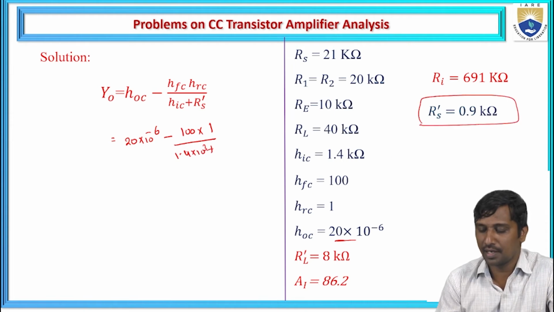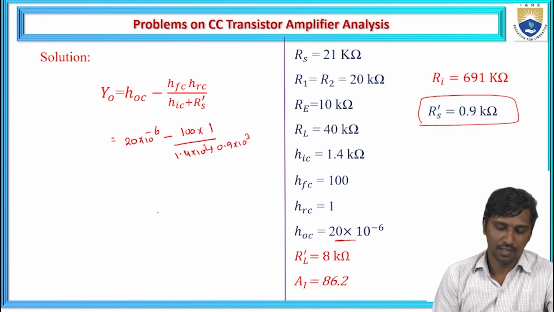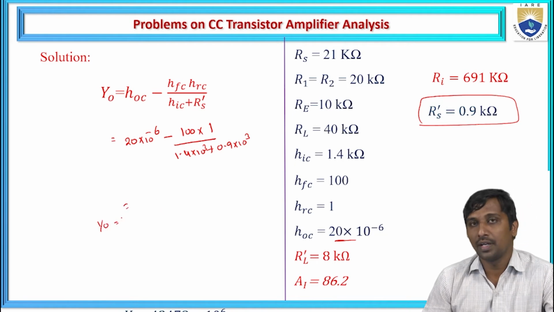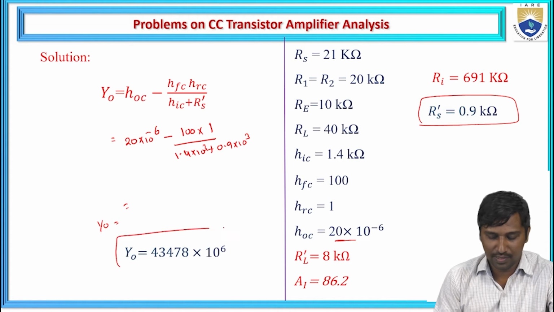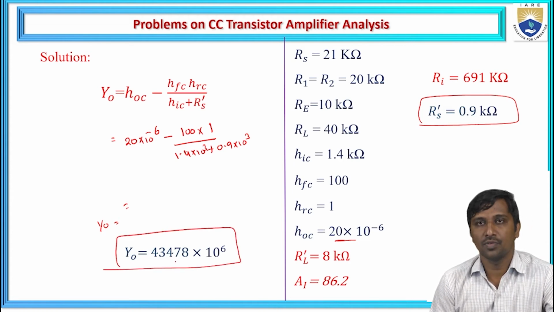Just now we observed R'S is 0.9 kilo ohms, means 0.9 into 10 power 3. If you simplify this, Y0 is represented as 43,478 into 10 to the power of 6.